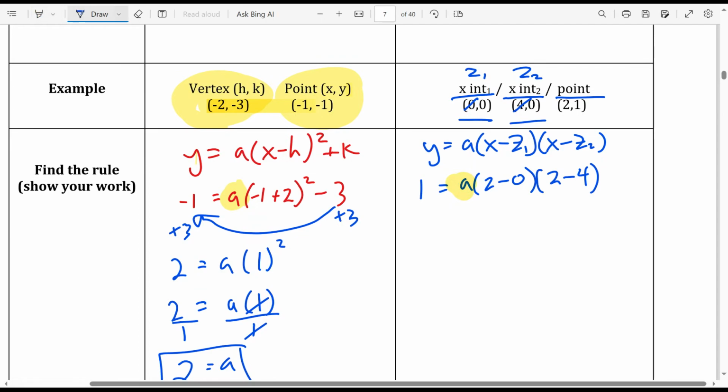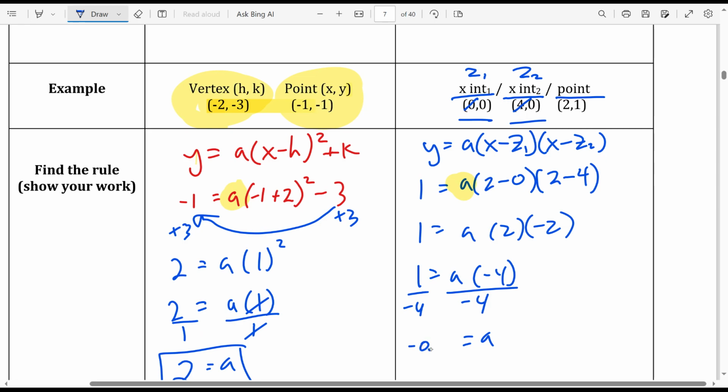This guy's almost easier to solve for because it's just going to be do my brackets first. So do my brackets first, and then a times negative 4, divide by negative 4, divide by negative 4. A will be equal to negative 0.25. Right?